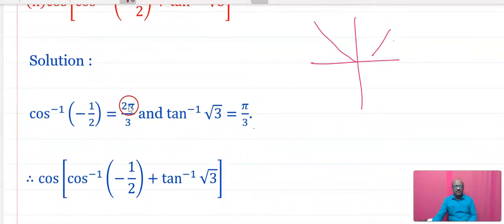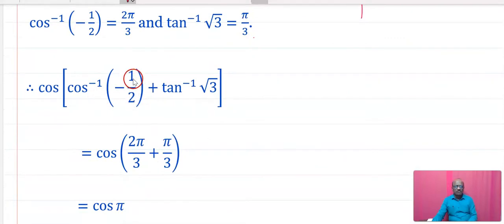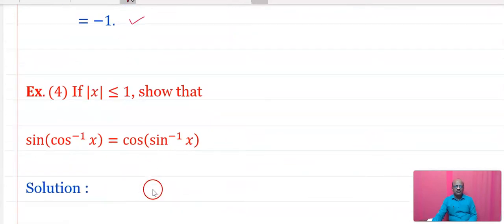So here we substitute 2 pi by 3 plus pi by 3, that is 3 pi by 3, the 3 gets cancelled, you will get pi, and cos pi is minus 1.